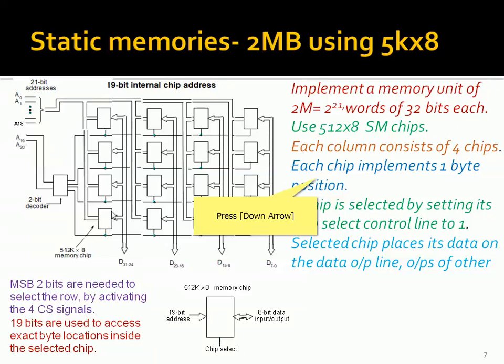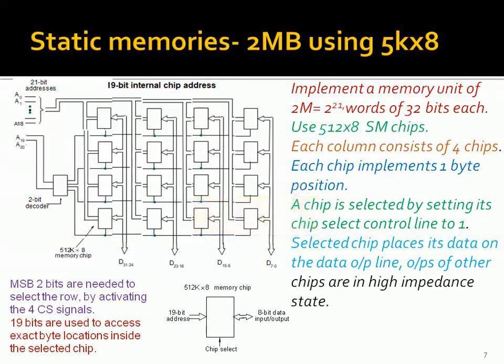For such a case with 512K into 8, there are 16 chips. The first 4 chips are for the first byte, the second 4 for the second byte, the third 4 for the third, and so on. So this is a huge amount of memory we are able to construct. I hope you are following that. So this is the organization of memory of 2 MB into 32 using 512K into 8 chips.